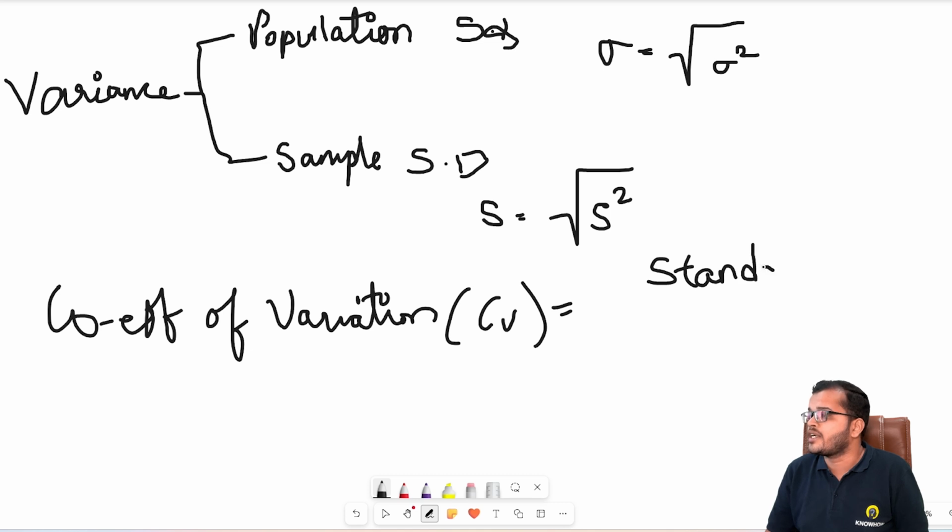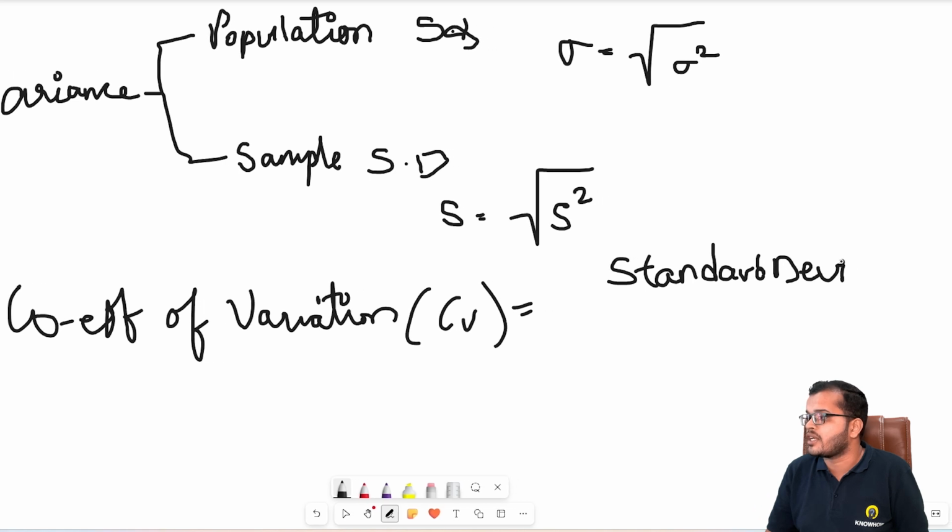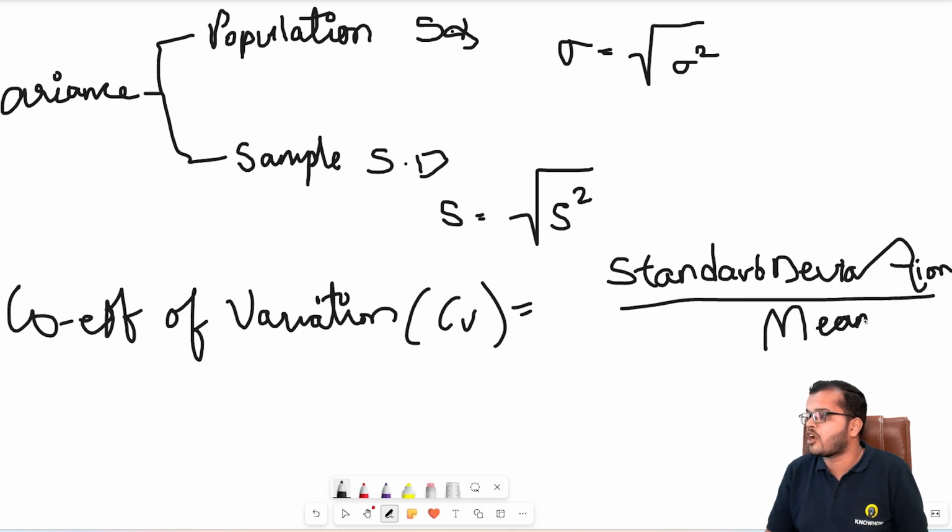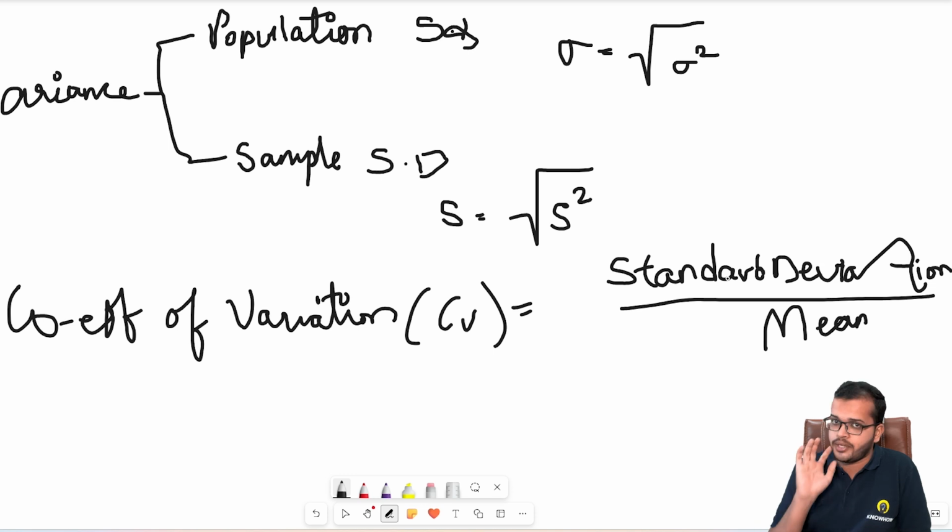The coefficient of variation is equal to the standard deviation that we just saw, divided by the mean. This is the formula. In general terminology, the standard deviation is relative to the mean. That's what the coefficient of variation is.